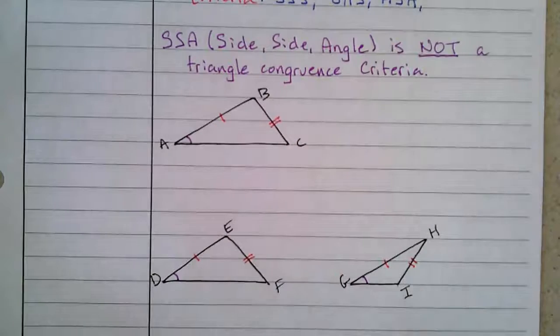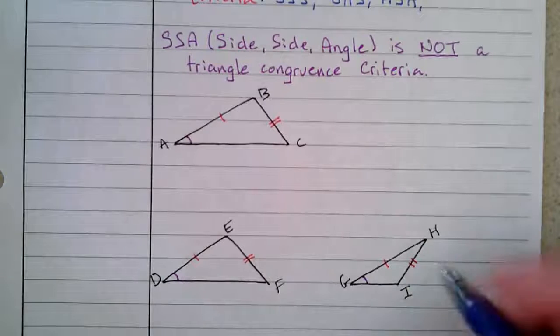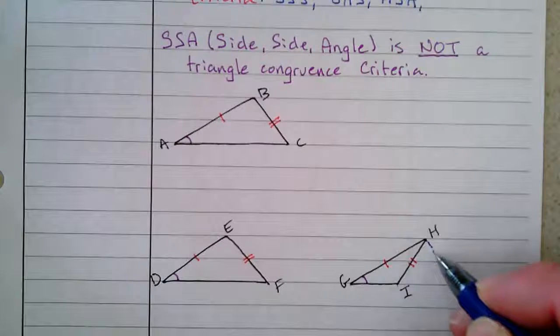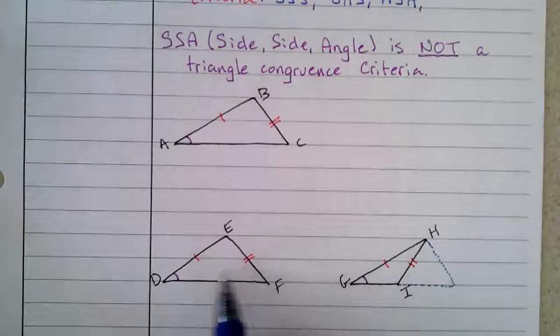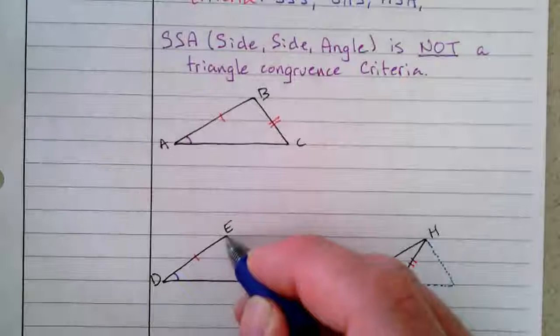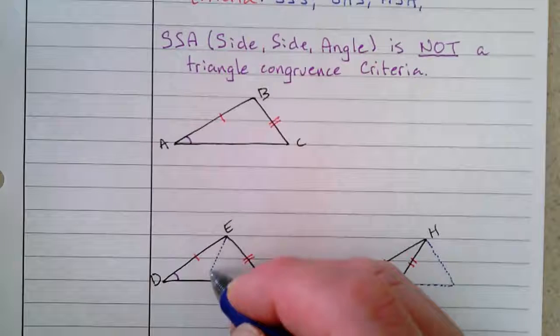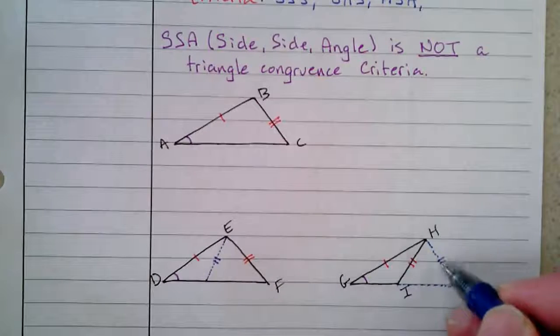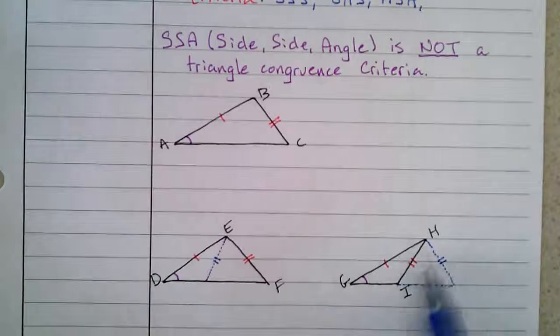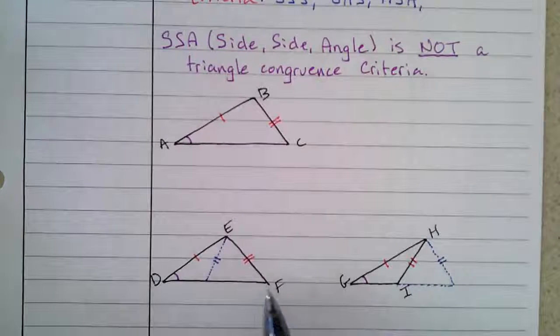And if you look here, the reason we can say that is that if we were to imagine this, we could take this side here and sort of swing it in. I have this little isosceles triangle. So here is the version with that last side swung out, and here it is with it swung in.